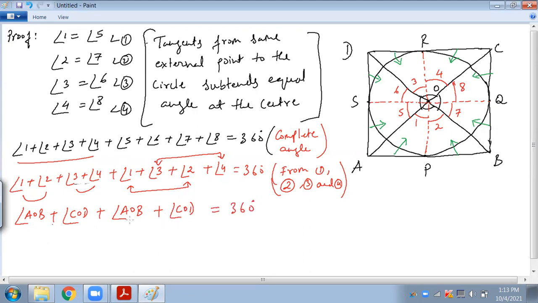Okay, now AOB, how many AOB? 2 AOB. And COD, how many COD? 2 angle COD. Now we can take 2 common, so what do we get? 2 times angle AOB plus angle COD equal to 360.